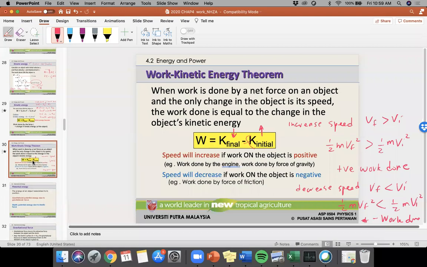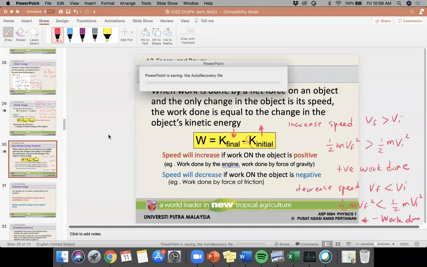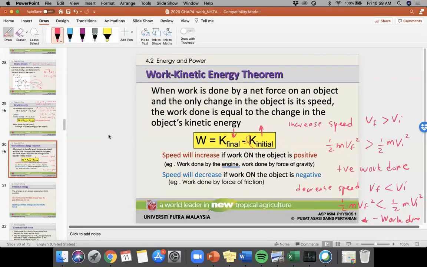Doctor, why is the formula for kinetic energy using 1/2 mv squared? That is for the final kinetic, right?